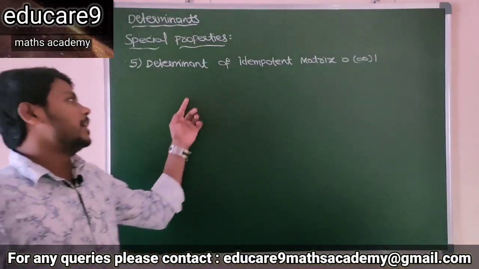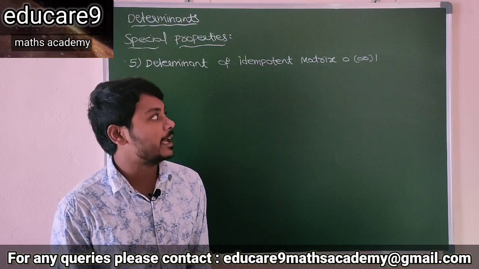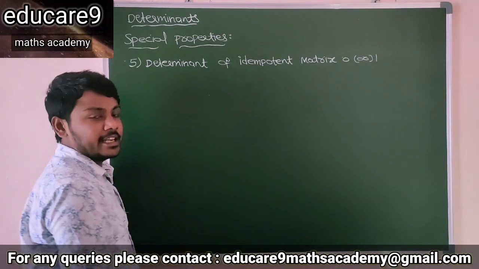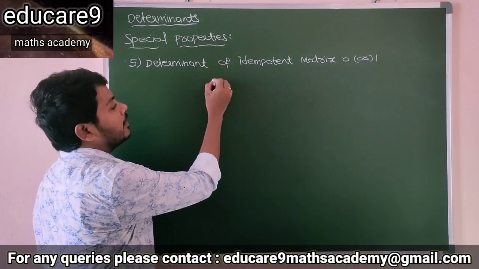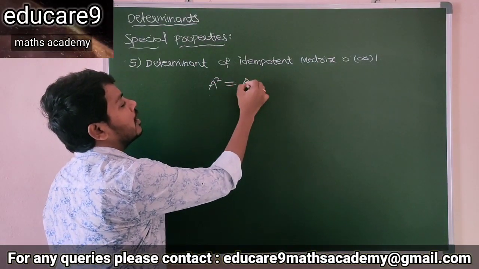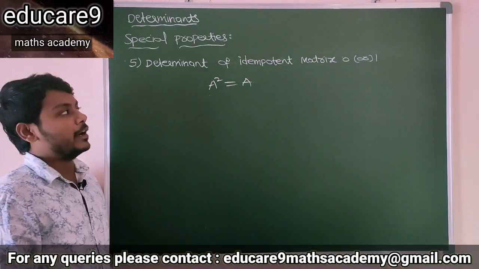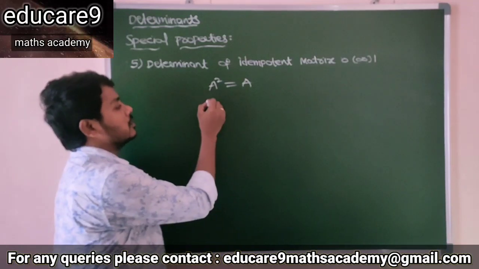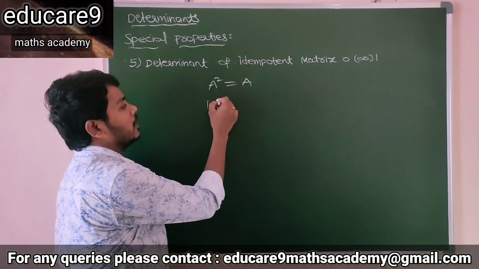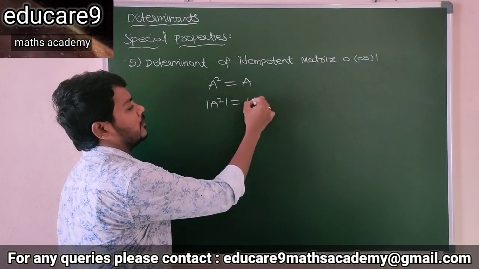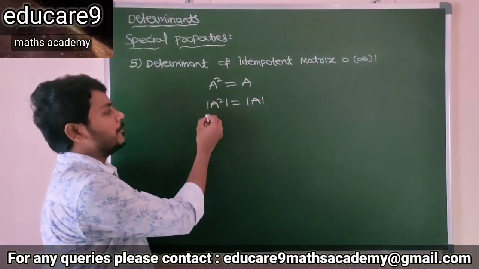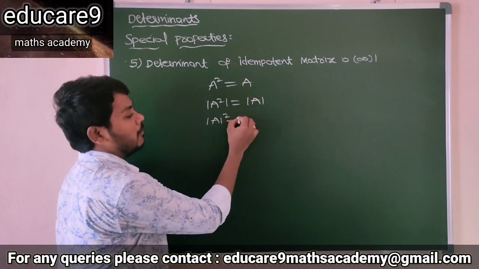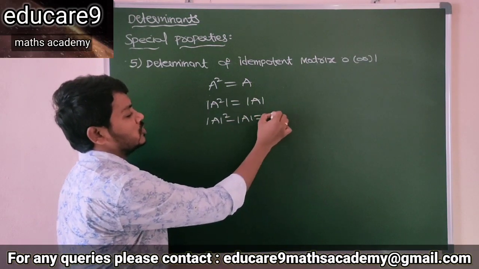So next one, the determinant of an idempotent matrix is either 0 or 1. So what is an idempotent matrix? If A is any square matrix, then A square is equal to A. Here A is said to be an idempotent matrix. Now take determinant on both sides. So that is determinant of A square is equal to determinant of A. Here determinant of A square is also written as determinant of A whole square. So determinant of A whole square minus determinant of A is equal to 0.